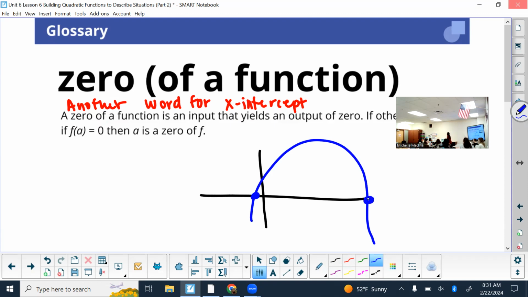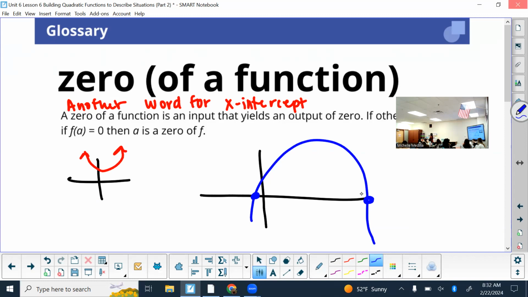You could also have just 1 x-intercept, like if the vertex is on the x-axis, then there's only 1. You could also have no x-intercepts, where maybe you graph it and it's above the x-axis. So when it asks you to identify the zeros, it's asking you to identify your x-intercepts. You have 2, 1, or none.